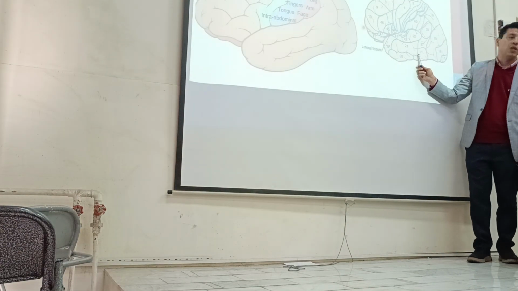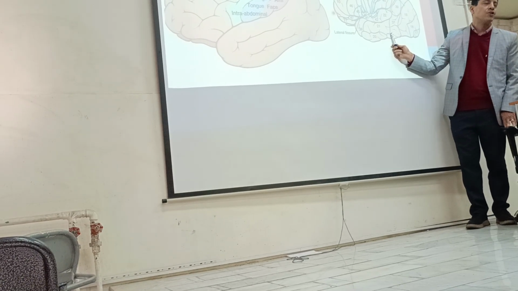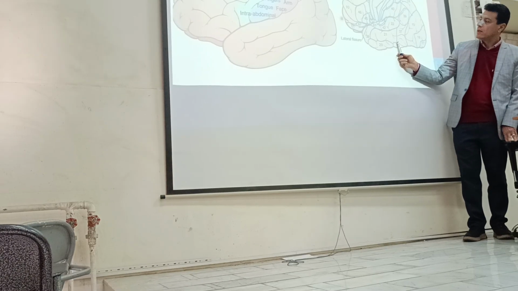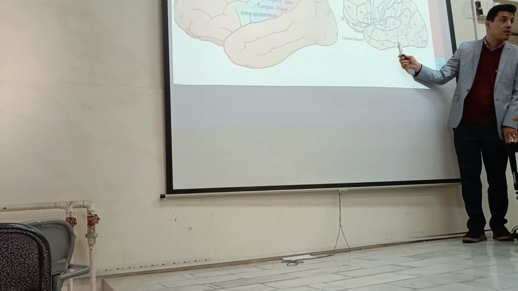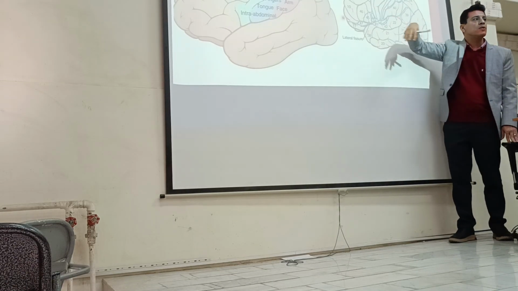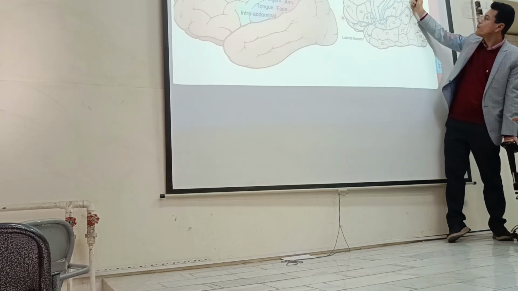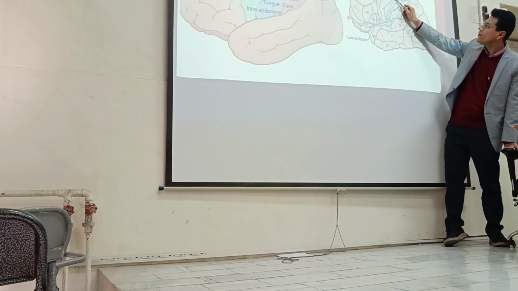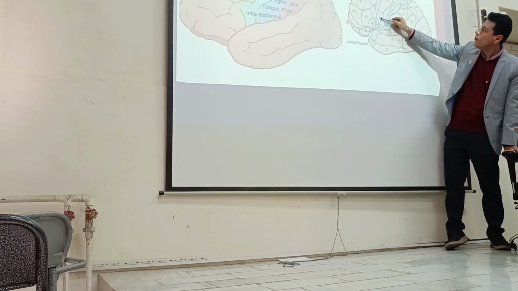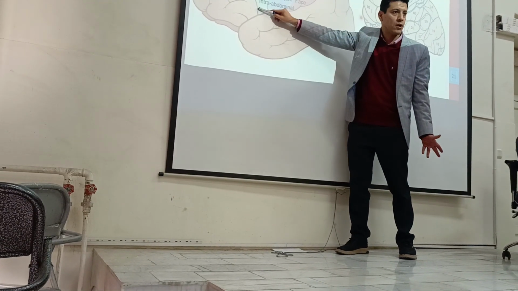This is a histological map of the brain, devised by a scientist called Brodmann. Brodmann was a histologist who divided the cortex into 52 areas. For example, area 1 is here, area 2 here, area 3, area 4. Area 4 is here in the frontal lobe.